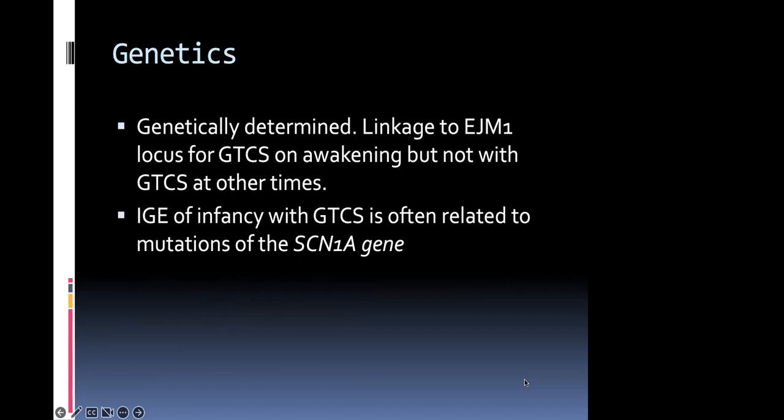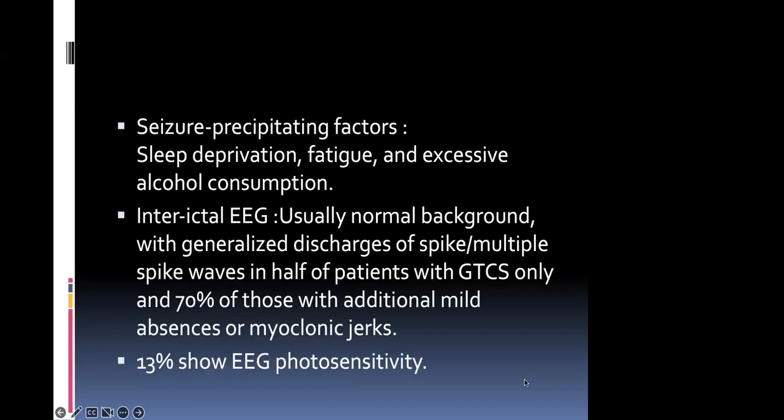They are genetically determined. And the seizure provoking factors are the same as for everything: sleep deprivation, fatigue, or excess alcohol consumption. Interictal EEG usually shows a normal background with generalized discharges of spike or multiple spike waves in half of the patients with GTCS only. 70% of those with additional mild absences or myoclonic jerks. 13% show EEG photosensitivity.